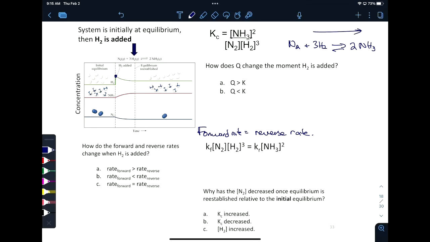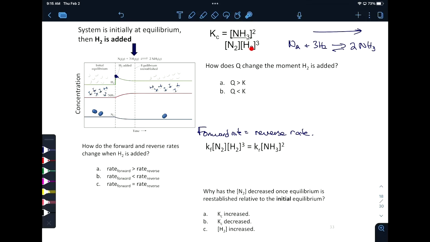What happens is that we consume some of that hydrogen gas that we placed in it. It gets consumed, so that's why the concentration goes down. But at the same time, the concentration of product, NH3, goes up because we're going in the forward direction.